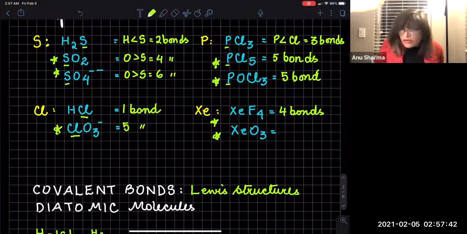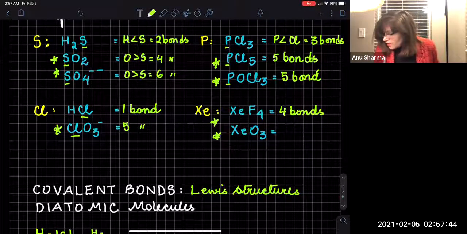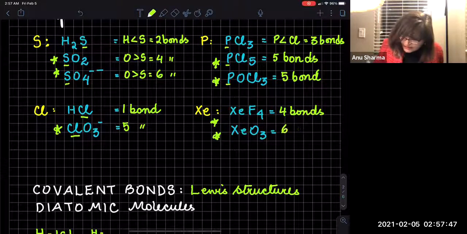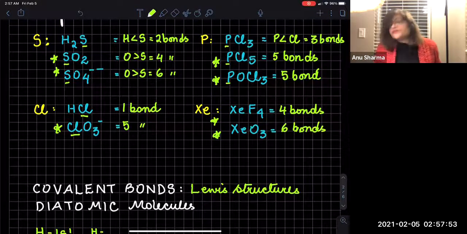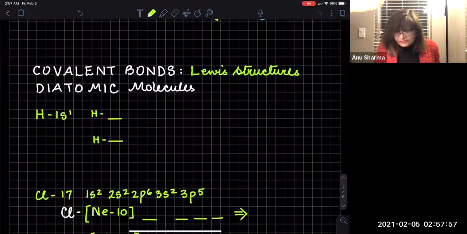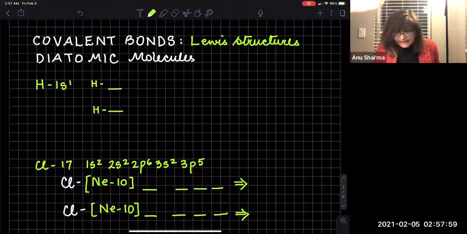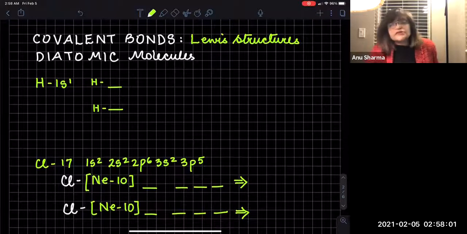And then xenon with 3 oxygens is making 6 bonds. So we see that it's always some more electronegative element that attaches, and depending on the reaction conditions and the capability of the atom, if it is capable, they do.